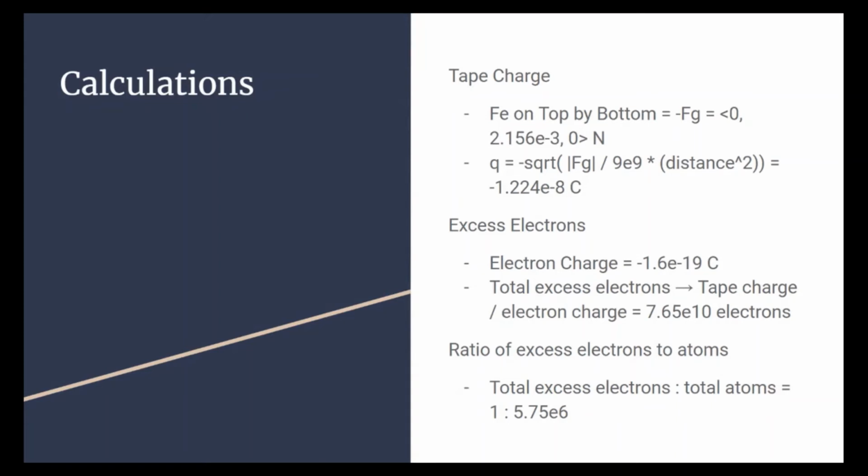We then find the number of excess electrons by dividing the tape charge by the electron charge, which gave us 7.65 times 10 to the 10th electrons. Then we find the ratio of excess electrons to atoms, which became 1 excess electron for every 5.75 times 10 to the 6th atoms.